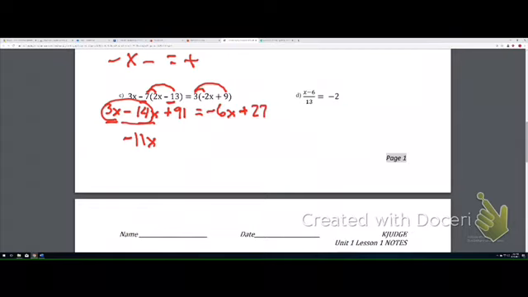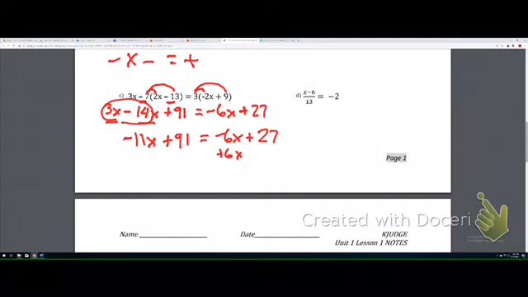So we've got negative 11x plus 91 equals negative 6x plus 27. So now what we're going to do is move all the variables to one side. I'm going to do plus 6x.